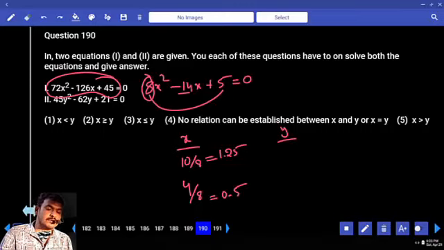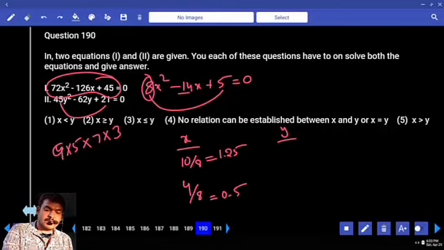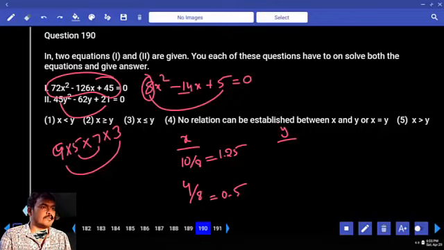Second one, y values. 45 into which one? 21. 45 we write as 9 into 5. 21 we write as 7 into 3. 5 sevens are how much? 35. 9 threes are 27. 35 plus 27 is 62. Okay.